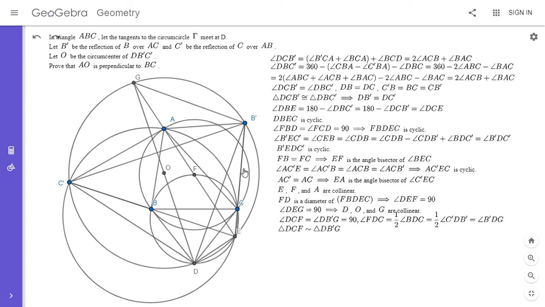So I'm going to label the midpoint of CB prime H. And I'm going to label the midpoint of BC J. And you'll see why that comes in handy later. But basically, you want to show that triangle AHD is similar to both triangles DCF and DB prime G. And so then it would follow from the gliding principle that A is the midpoint of FG.